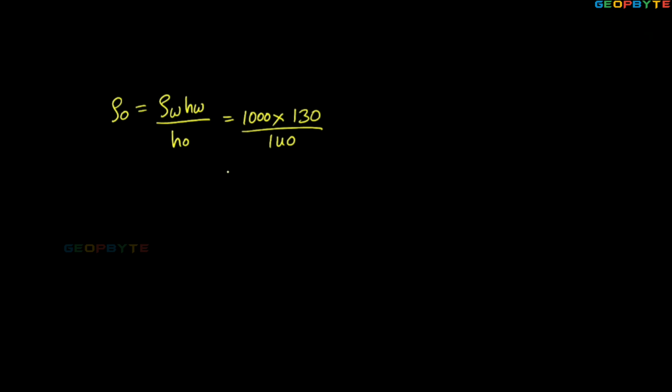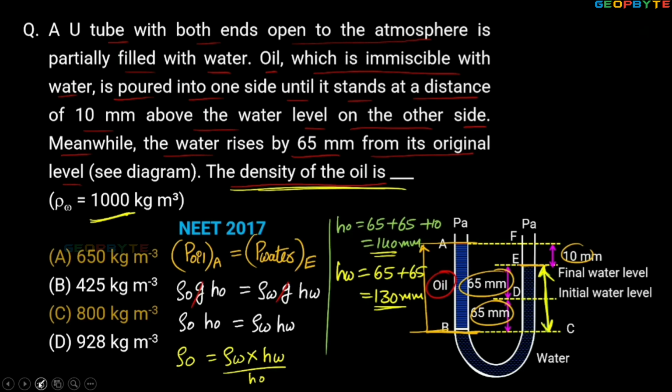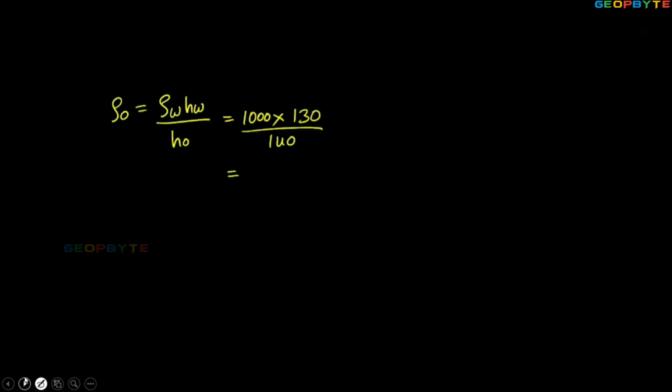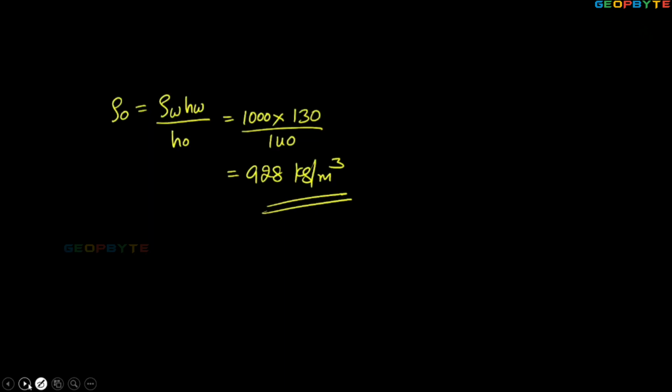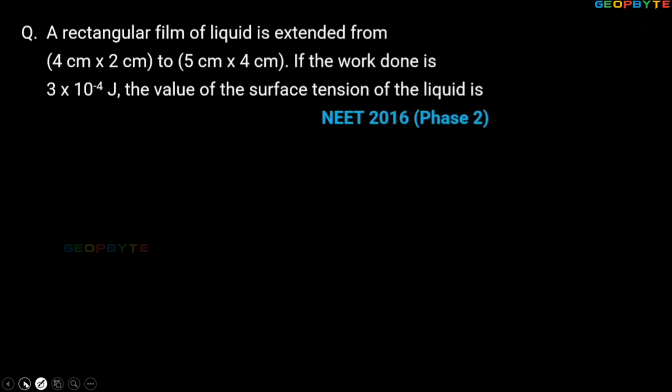You simplify it for getting 928 kg per meter cube. That is the density of the oil, which is present in the left limb. 928. Option D is absolutely correct. Understood clearly? Yes.